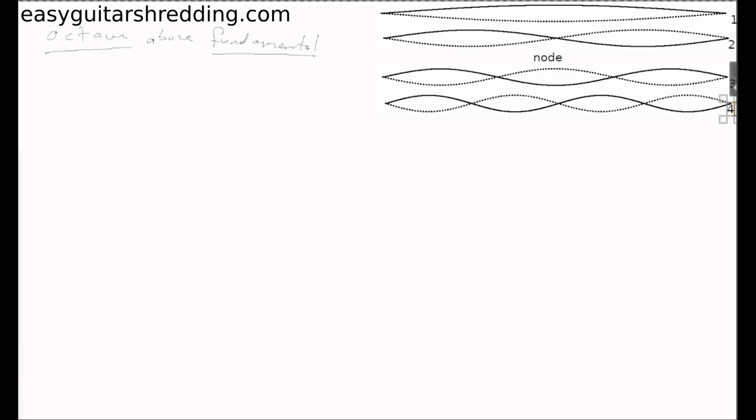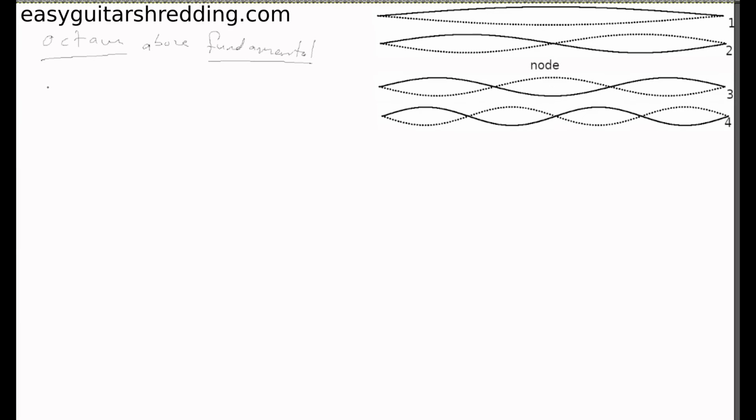In fact, we talked about consonant intervals. We have consonant or pleasing sounding intervals. When the level of consonance is low, we say that an interval is dissonant, when the notes are played at the same time.